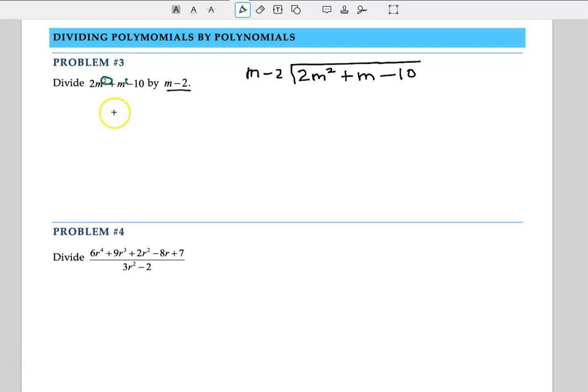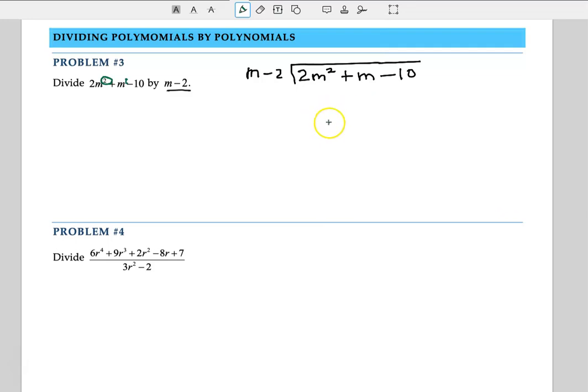And sometimes there might be some missing terms. Say that there was no m term on this one. If there was nothing there that had an m next to it, then we would have to put a 0 in to hold the place. And we'll do one of those here in a little bit, but I just wanted to warn you, we need to look at those things as we're setting them up.